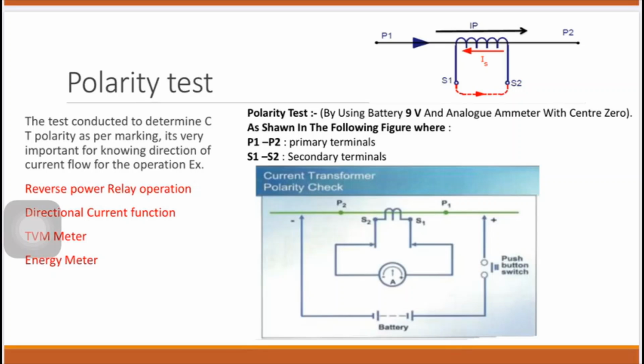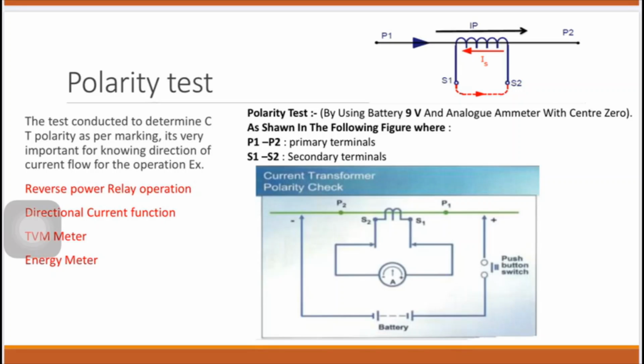So polarity test is one of the important tests to determine the flow of current. Here we take one battery and connect the DC milliammeter to the secondary circuit. The battery we connect to the primary circuit, positive to P1, negative to P2. In the same way, on the secondary circuit, the milliammeter positive to S1, negative to S2, and we keep a switch in the battery circuit. We break the flow of the current.